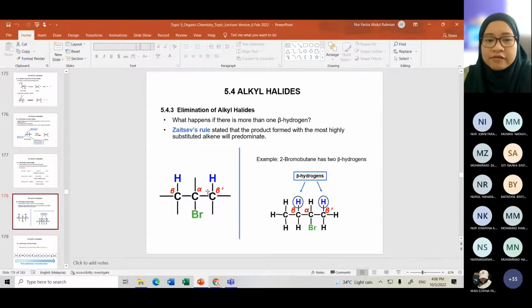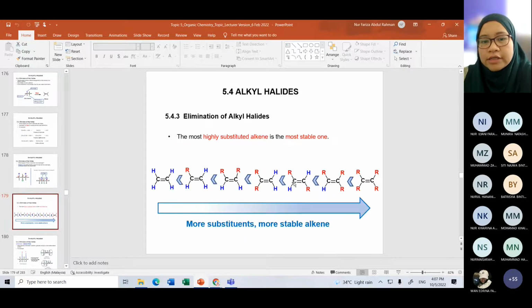In this case, we have to take into consideration the most preferred hydrogen to be removed from this alkyl halide, based on preference. The preference needs to be based on the Zaitsev rule. Based on Zaitsev, it prefers to form alkenes that have more substituents.